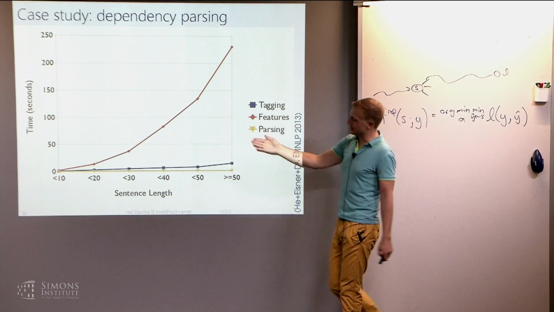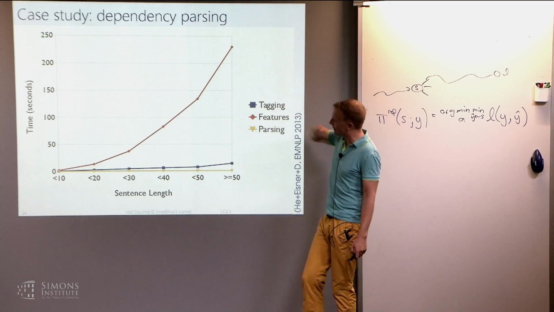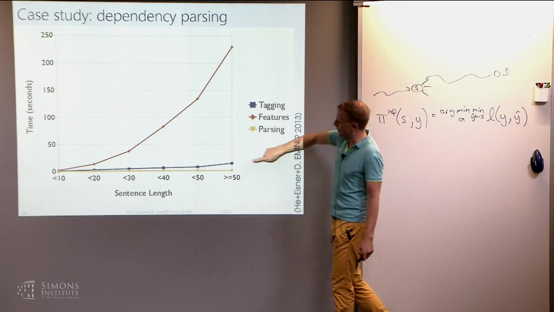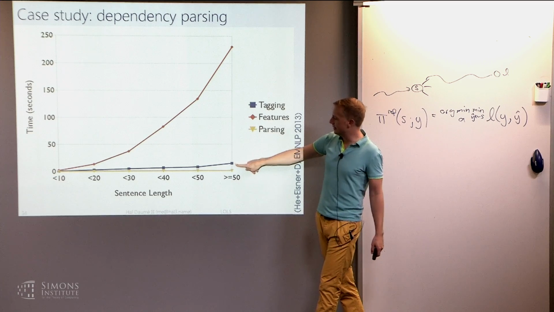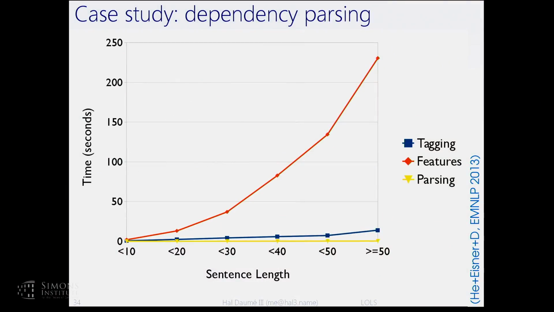So this is sentence length versus time. The blue bar is how long it takes to do the part of speech tagging. That's quite fast. The yellow is, once you have all the features, how long it takes to run directed MST. That's also very fast. And then the orange is how long it takes to compute these pairwise features between every word, and that's incredibly slow.